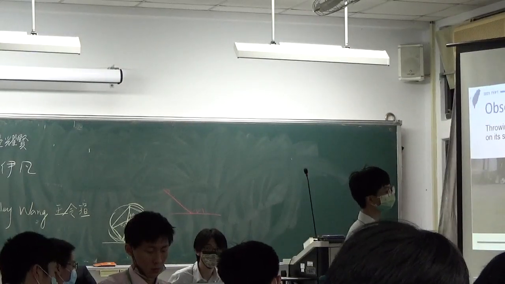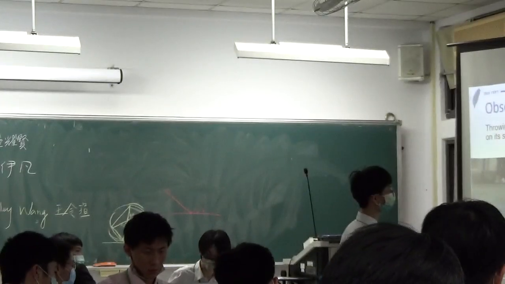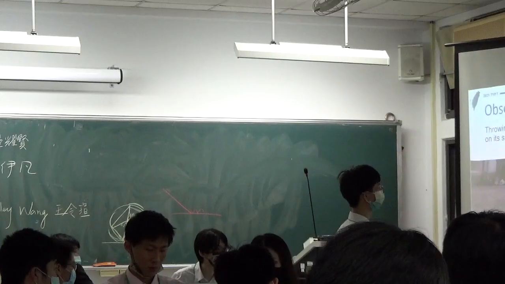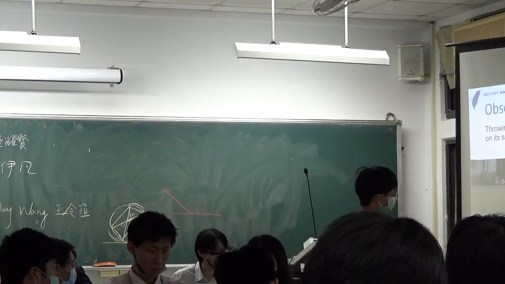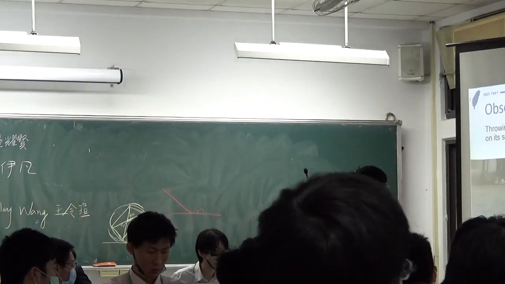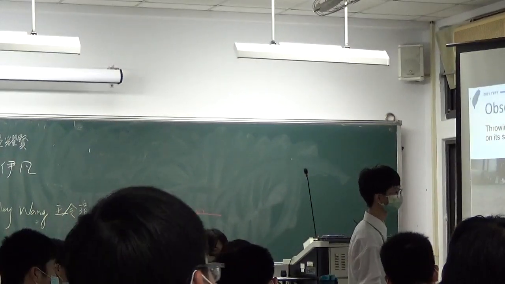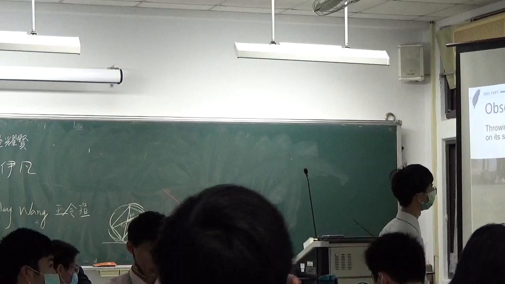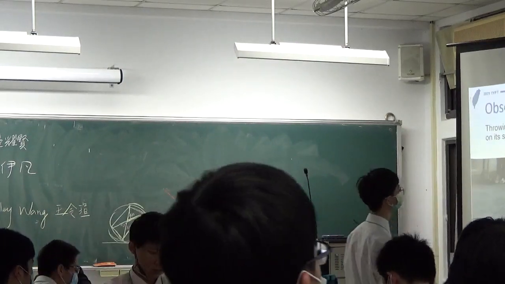So you think that deformation of the dice will also affect it? Maybe it will affect the normal force of the dice. So you think that the normal force plays an important role in this experiment? Yeah, important.